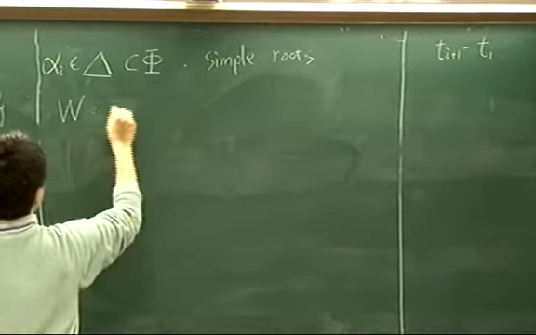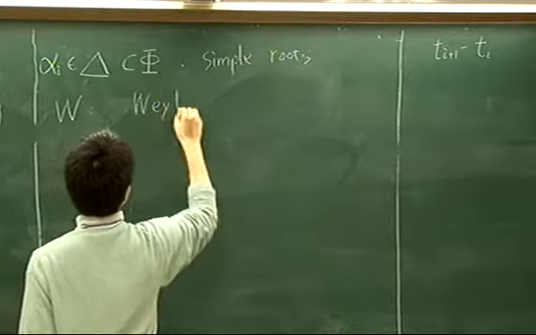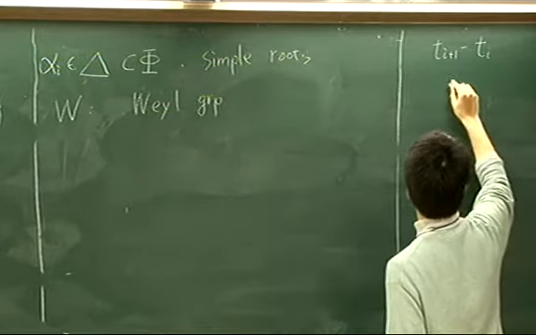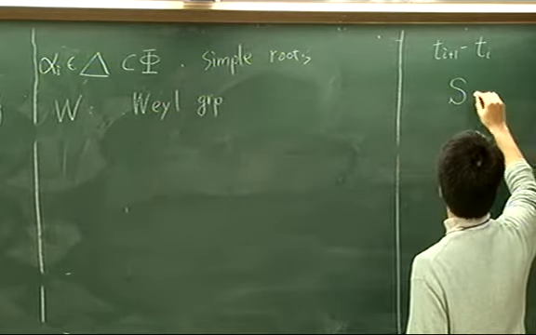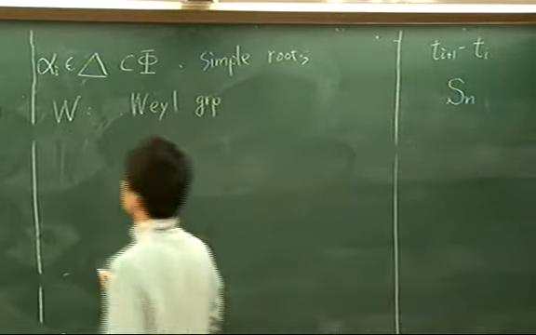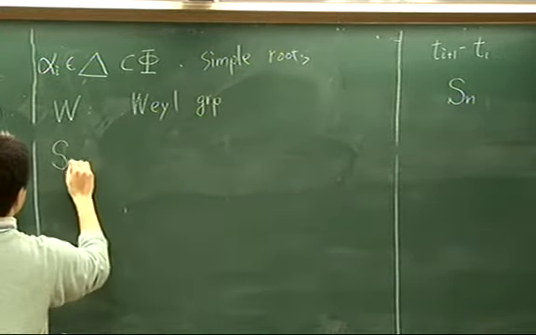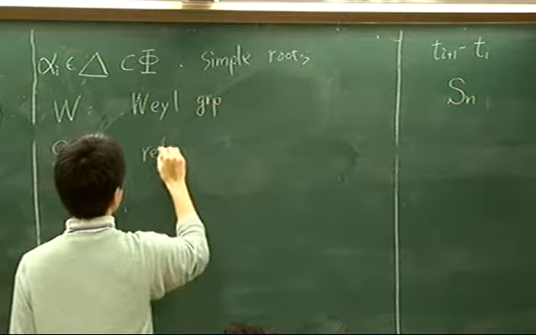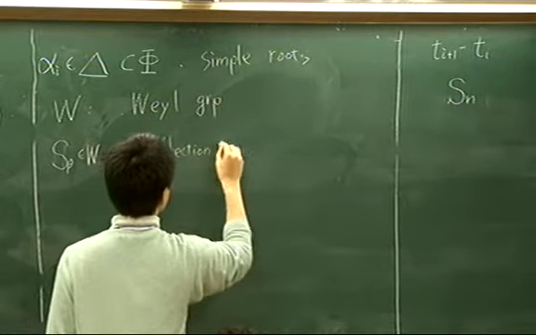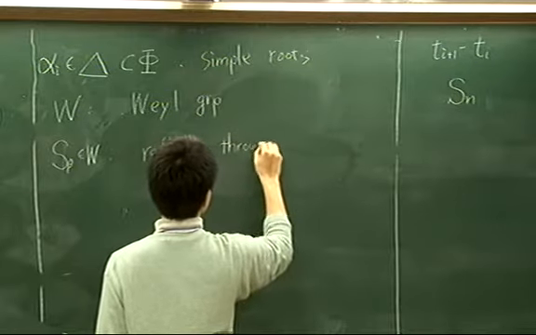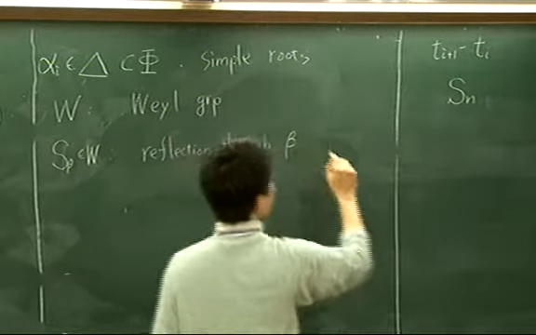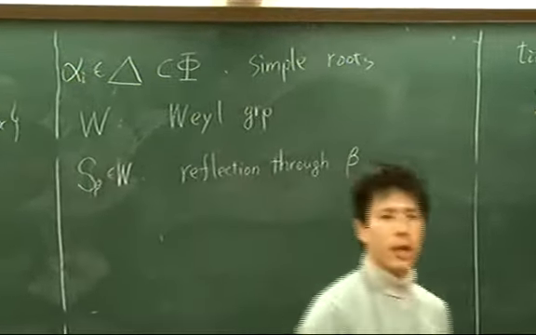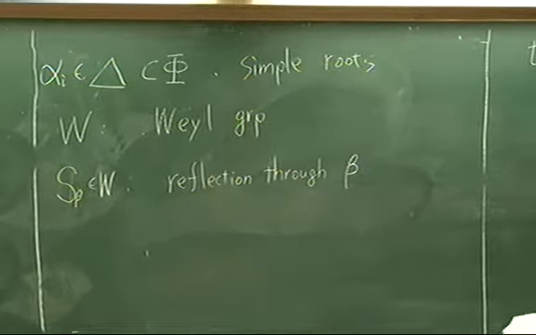And W is the Weyl group, in this case just the symmetric group on n variables. And s_beta in W is the reflection: beta defines some hyperplane, so we can consider the reflection.